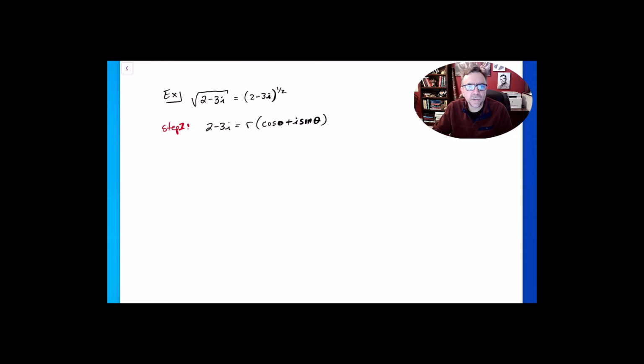And we already know how to do this. You just find r and you find theta. So I went ahead and did it already. r came out to be square root of 13, and theta came out to be 303.7 degrees. So we have cosine 303.7 plus I sine of 303.7 degrees.